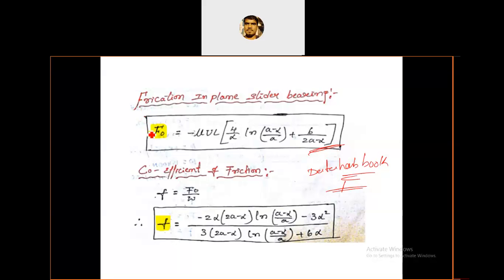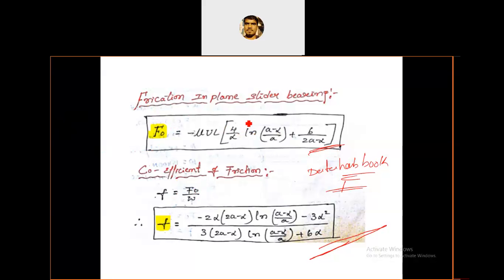So frictional force F naught is equal to this equation, and coefficient of friction small f is equal to F naught by load, and this is the final equation. There is no derivation for these terms, for the center, for the frictional force, for the coefficient of friction.